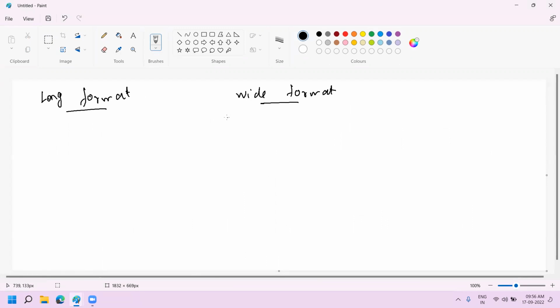Wide format data is what you generally see 99% of the time with your data, where you read from left to right. SQL table, Excel sheet, anything which is in tabular form, left to right, that is a wide format. What is long format data? Long format data is read from top to bottom.